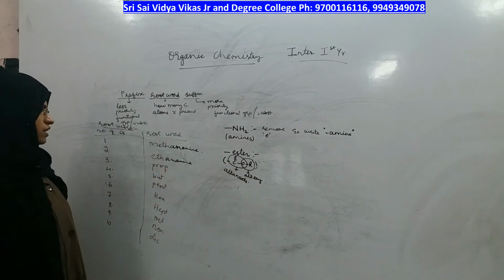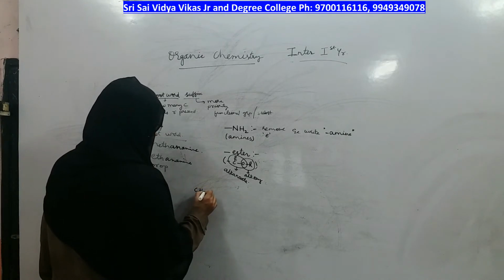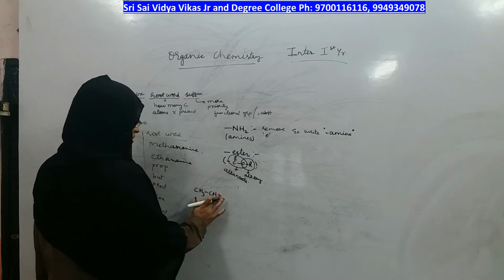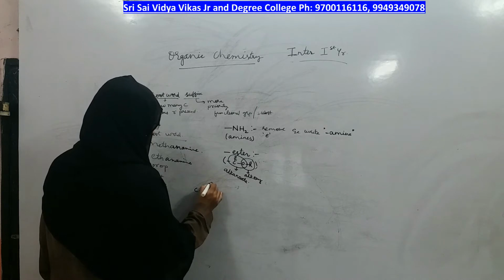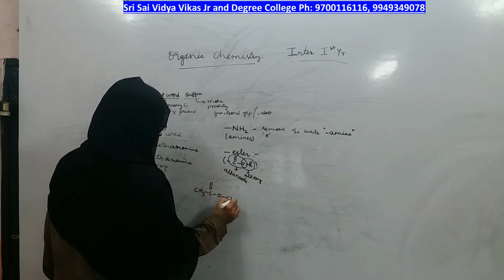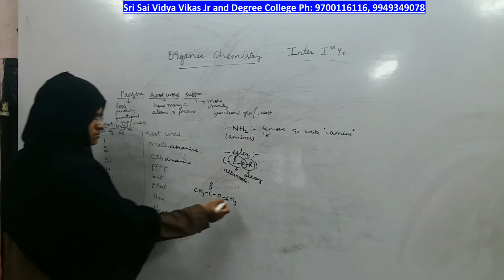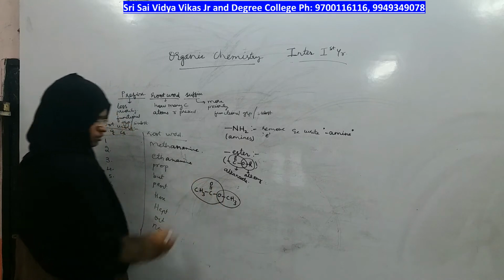Now I will take the help of an example here. This is the compound in which the functional group is ester, right? What should be the name? This is the alkoxy group and this is the alkanoate group.